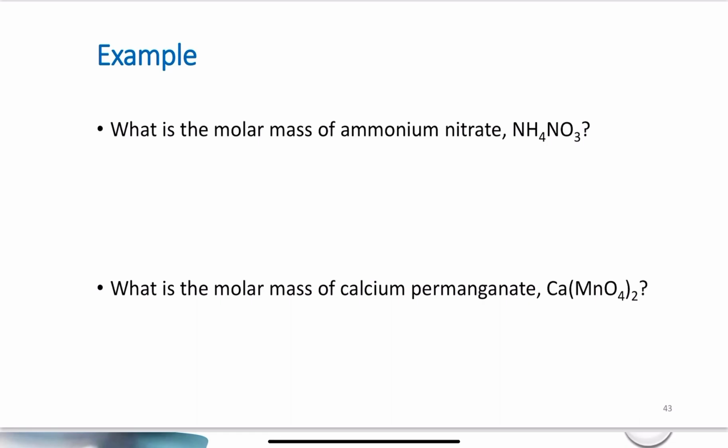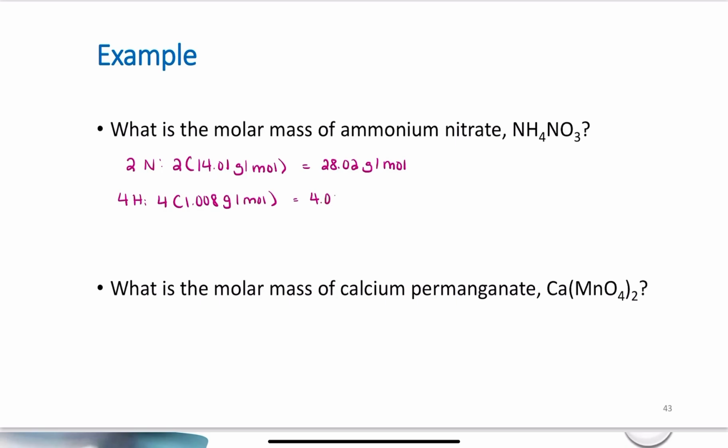What is the molar mass of ammonium nitrate, NH4NO3? If I got ammonium nitrate and it gives me my formula, I see I have 2 nitrogens, 2 times 14.01 grams per mole. This gives me 28.02 grams per mole for the nitrogen. I've got 4 hydrogens, 4 times 1.008 grams per mole.